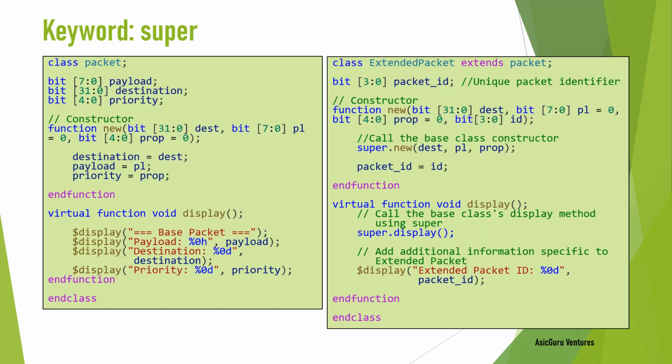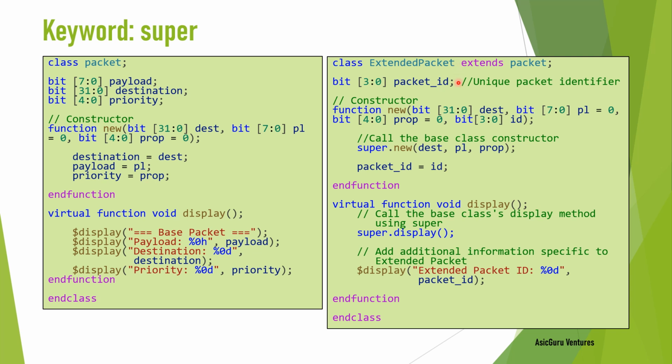So let's now walk through an example to understand how super is used in practice. On the left hand side, we have the same packet class which defines some basic properties, and it has a constructor to initialize the values for these properties and a display method to print all these properties. On the right hand side, we have a derived class named extended packet.